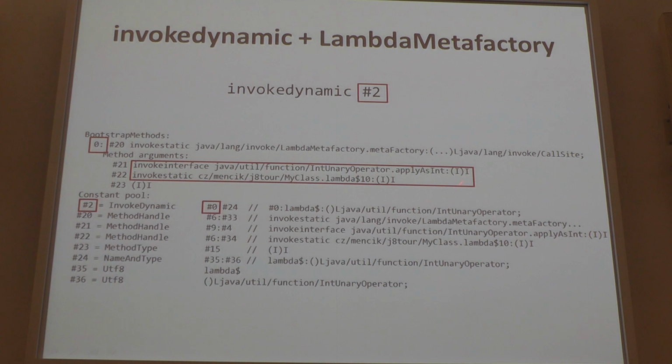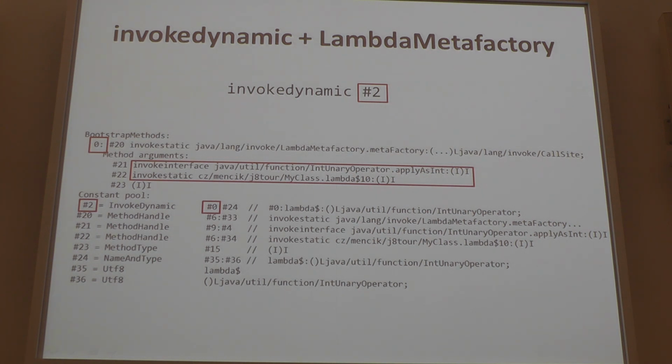It takes an int and returns an int. And the implementation method is a static method in the same class that you use your lambda expression in, or where you define it. So in this class there is a special method that is called lambda$10 that takes an integer and returns an integer. The signature is the same as here.